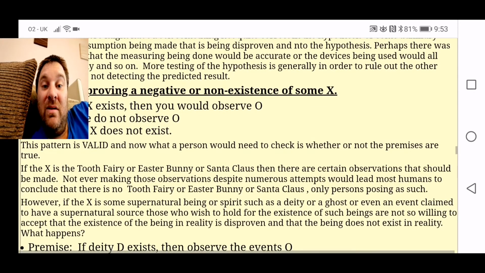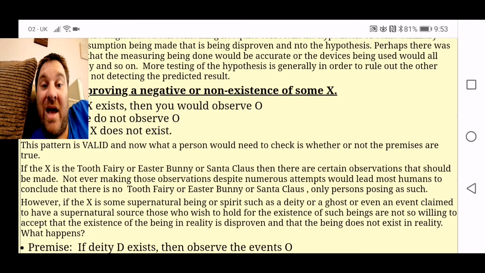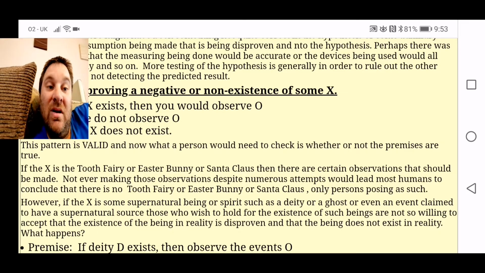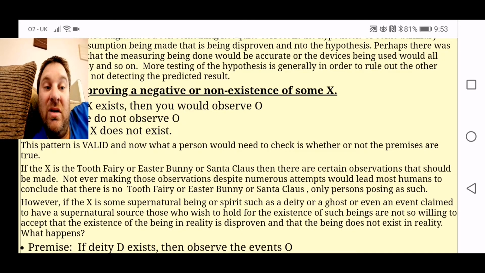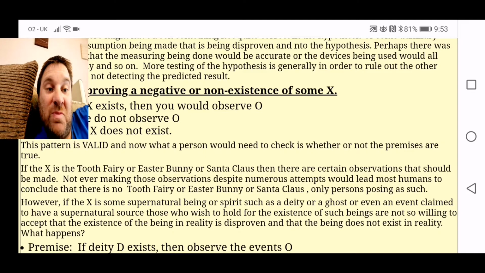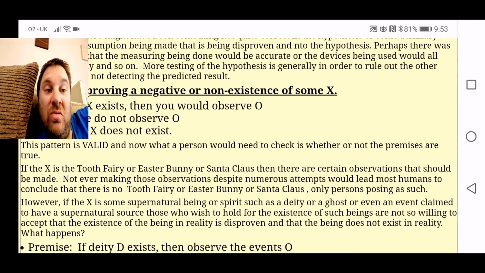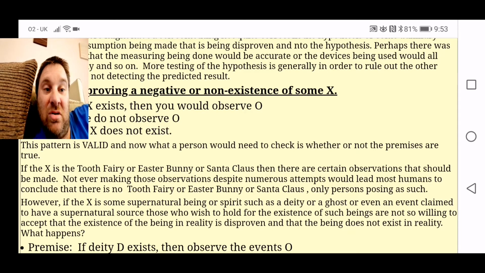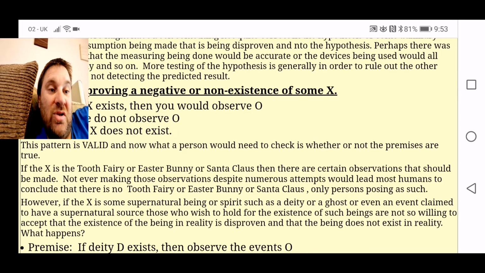Yeah. So if the X is a tooth fairy, or the Easter Bunny, or Santa Claus, then there are certain observations that should be made. Yeah. Not ever making those observations, despite numerous attempts, would lead most individuals to conclude that there is no tooth fairy or Easter Bunny or Santa Claus, only individuals posing as such.